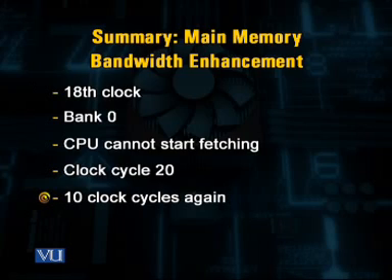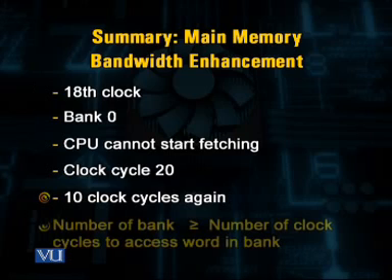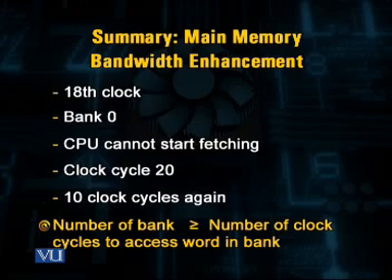This shows that to avoid the waiting period of the CPU, the number of banks should be equal to or greater than the access cycles, that is, in this example, 10. Therefore, we can summarize by saying that for interleaved memory, the number of banks should be greater than or equal to the number of clock cycles to access the word in a bank.